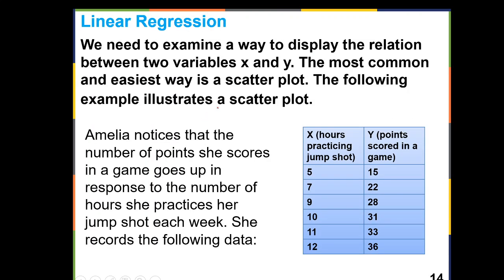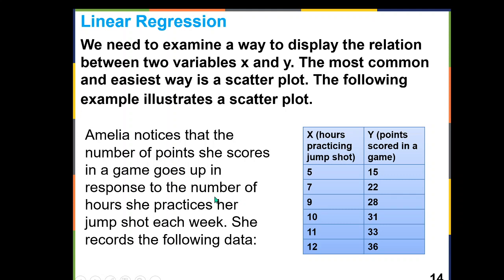All right, so scatter plot. We know how to graph a scatter plot. So let's do this. I'm going to show you in the calculator because I want to do another one which has more numbers with the calculator.